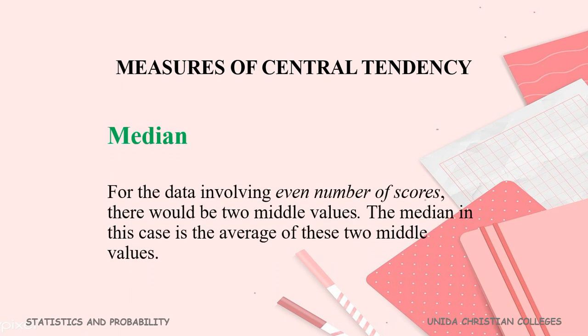Para naman dun sa mga data na even number, ayan, pag sinabi namang even po, ano-ano naman yung mga even numbers na yan? We have 2, 4, 6, 8, 10, and so on and so forth. So, divisible by 2. So, there would be 2 middle values. So, dalawa daw po yung middle values nila.